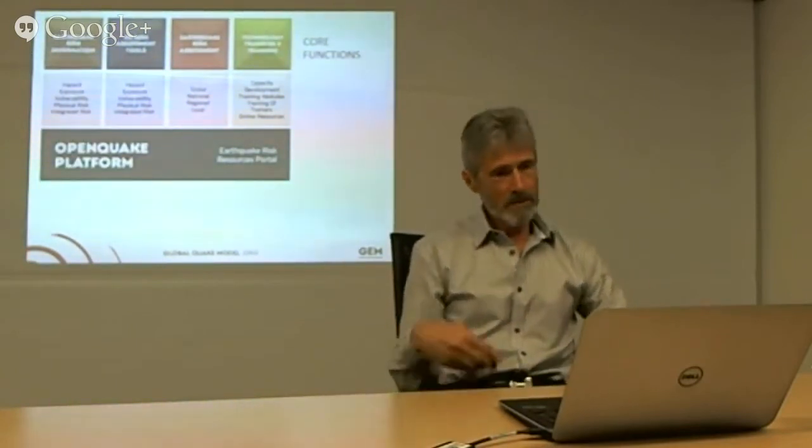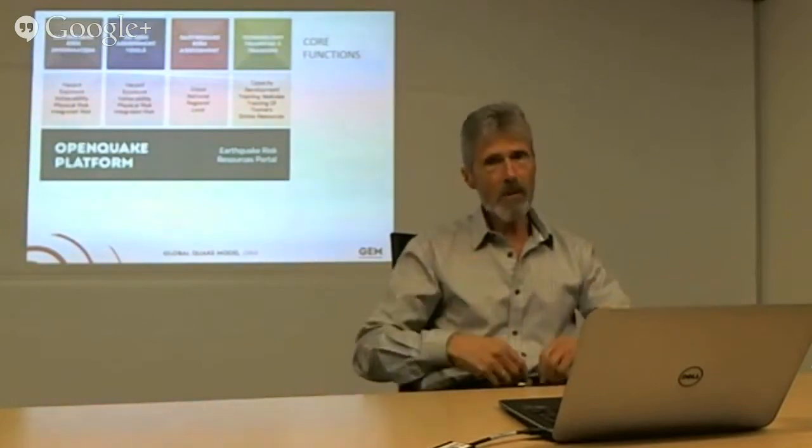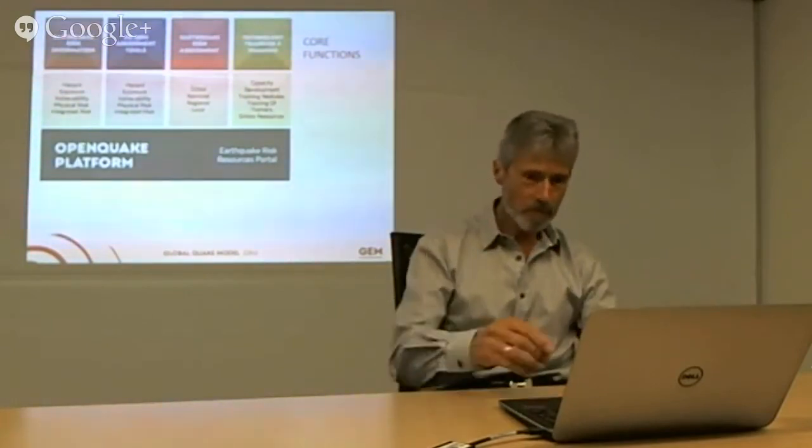So technology transfer and training is an essential element of our activities to develop capacity, to develop training programs, training trainers, and produce online resources which help the people to apply what they can find on the platform. So all this is collected and accessible on the OpenQuake platform.